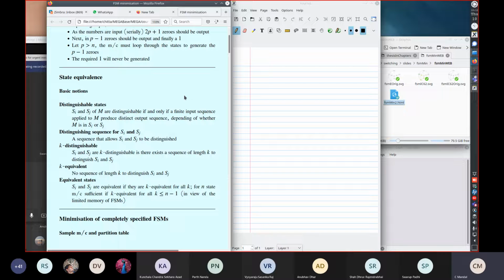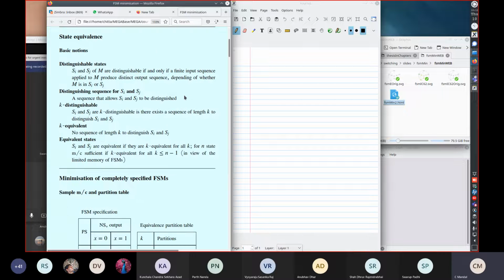So let us move over to the notion of state equivalence.